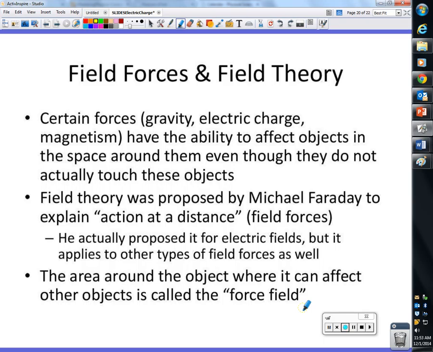All objects that have gravity have a gravitational field. Okay? Depending on the size of it, and so on. That's true of gravity, but it's also true of electrical charges. If I took the rabbit fur and the rubber cylindrical rod and charged it up over here and held it up, would the water coming out of the sink move?